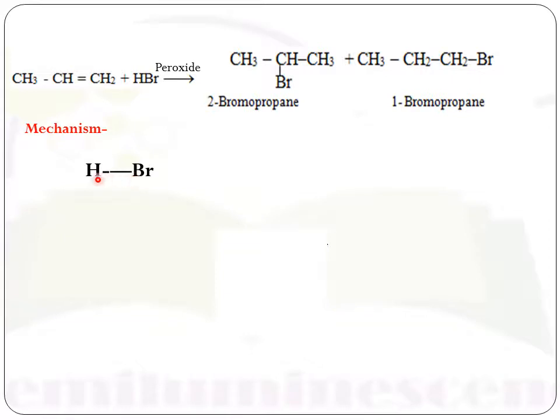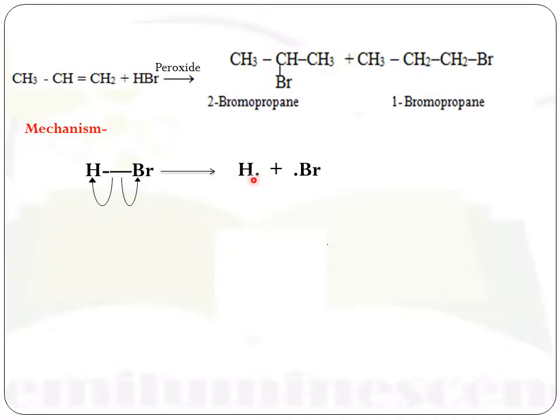That means each atom gets one electron, a distribution of the 2 electrons by which the bond is formed. Hydrogen gets 1 electron and bromine gets 1 electron and they form radicals.